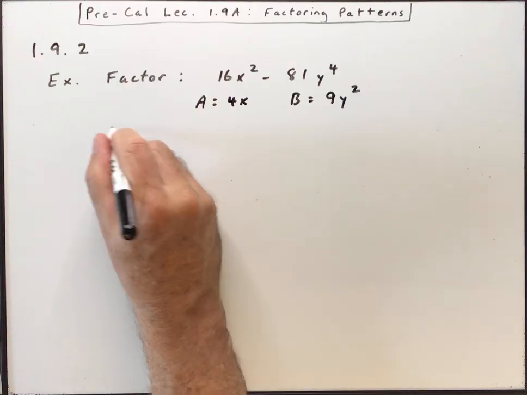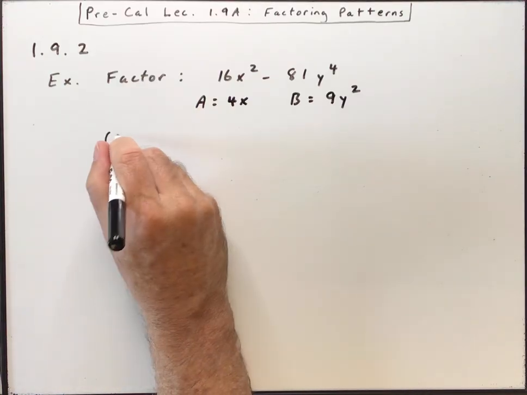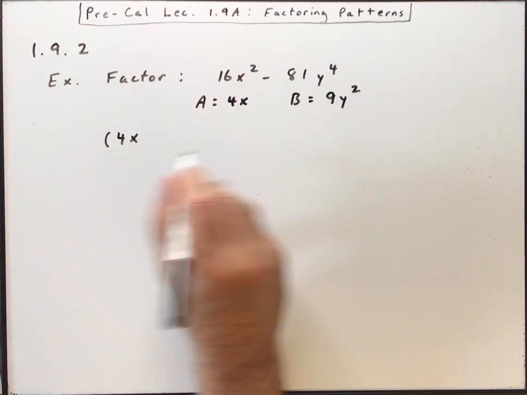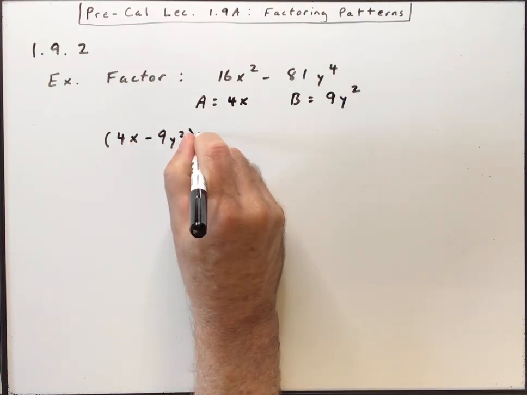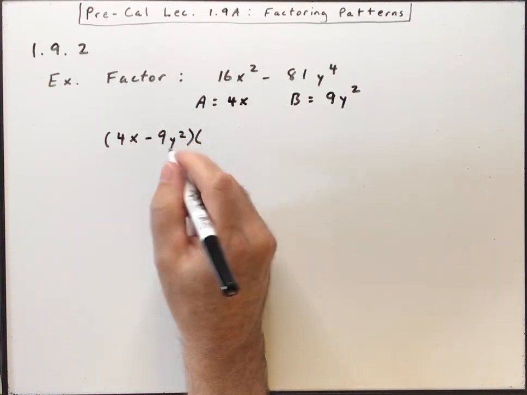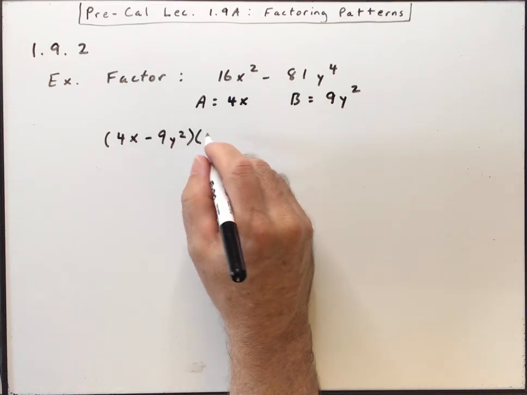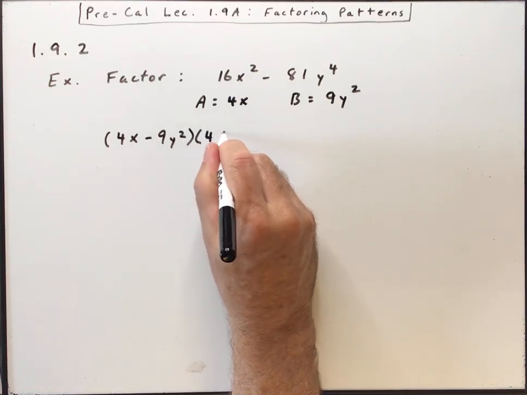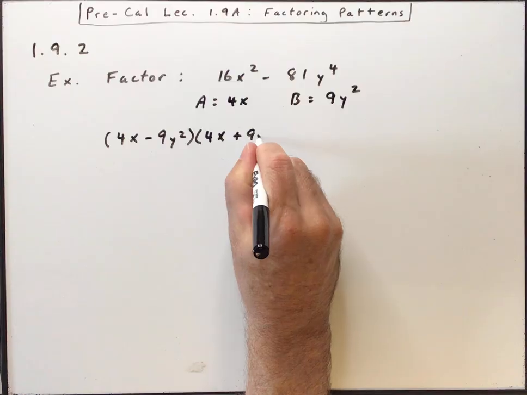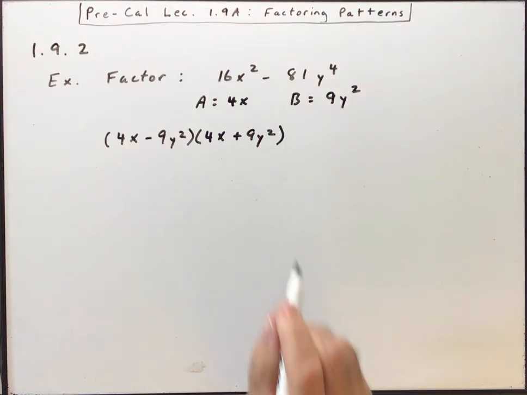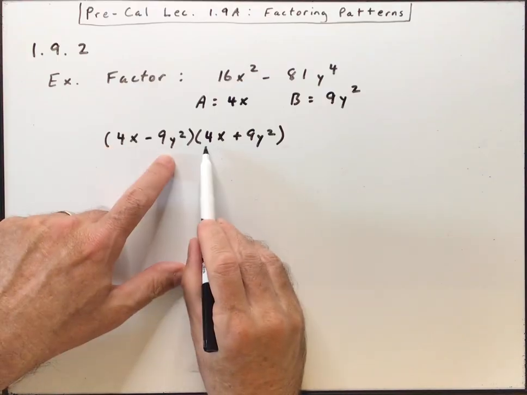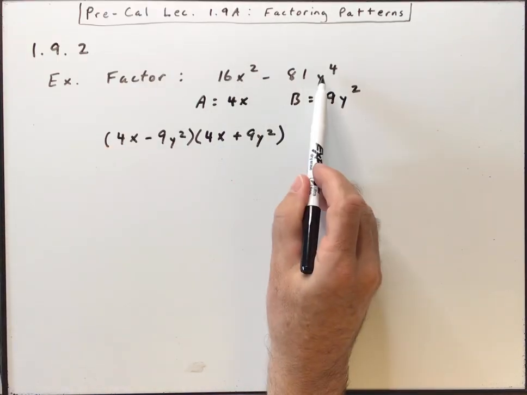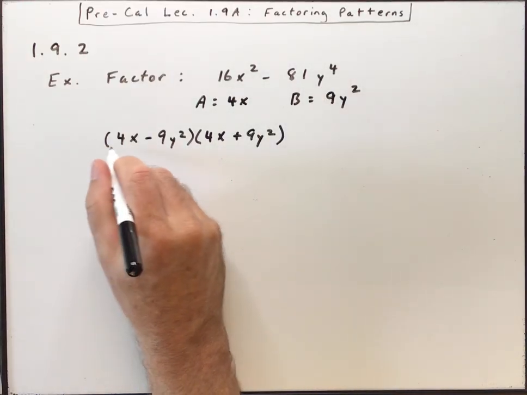So this one would factor into 4x minus 9y squared, or it doesn't matter if you do the minus or the plus first, times 4x plus 9y squared. So if you FOIL that out, the two middle terms go away and you just end up with two terms. All right.